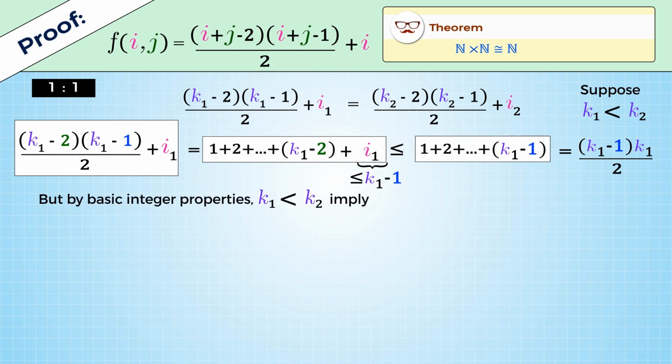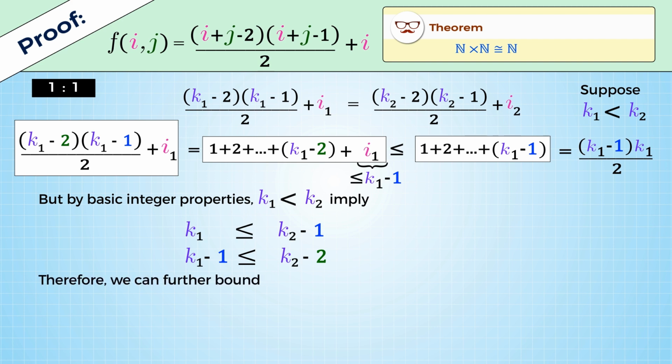But obviously, by basic integer properties, k1 being less than k2 implies that k1 is less than or equal to k2-1, and k1-1 is less than or equal to k2-2.